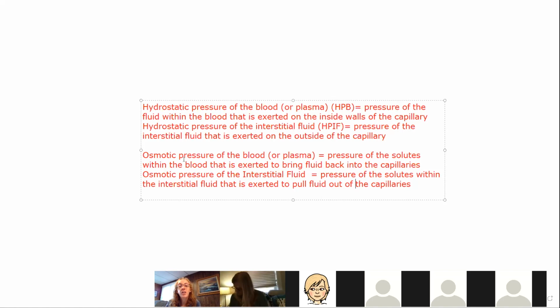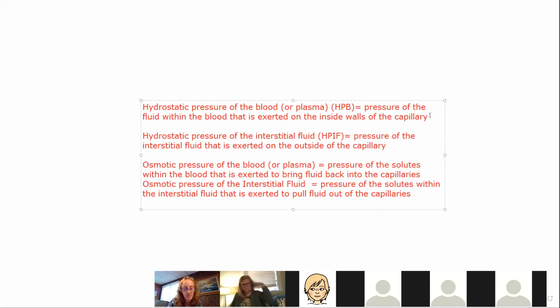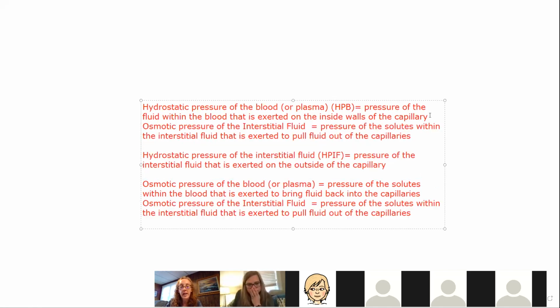So one thing to keep in mind here, these two, the osmotic pressure of the interstitial fluid and the hydrostatic pressure of the blood, are both working to pull fluid out of the capillaries.